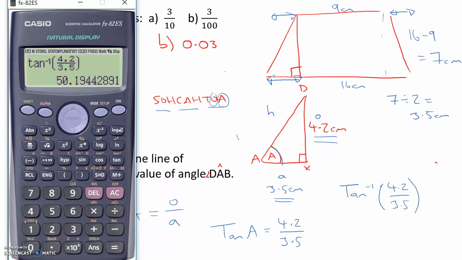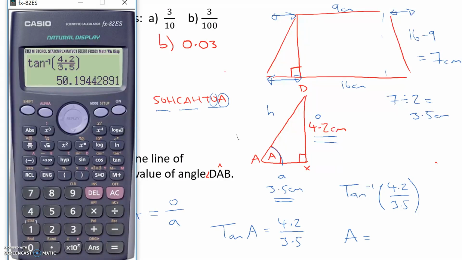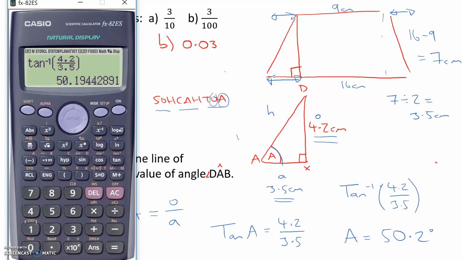Fantastic, 50.19. Okay, so angle A is equal to 50 point, let's call it 50.2 to one decimal place. 50.2 degrees.